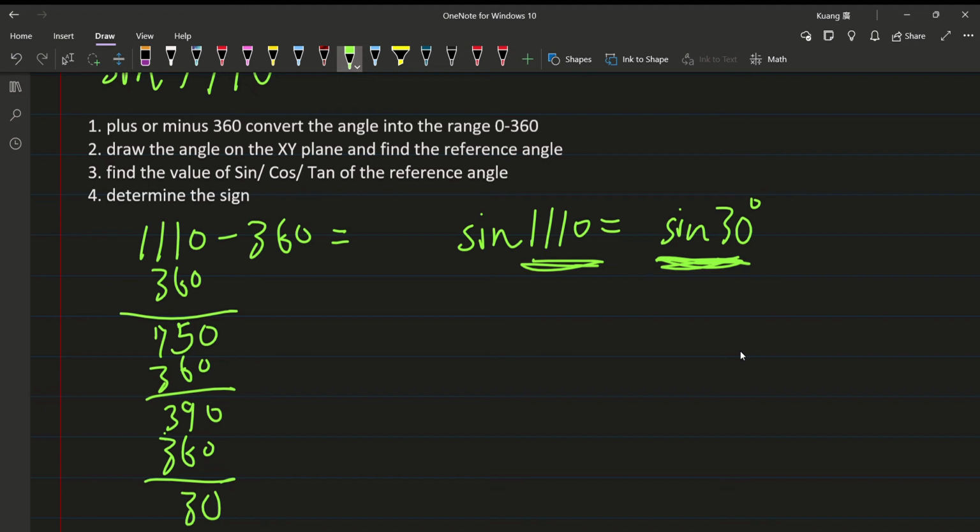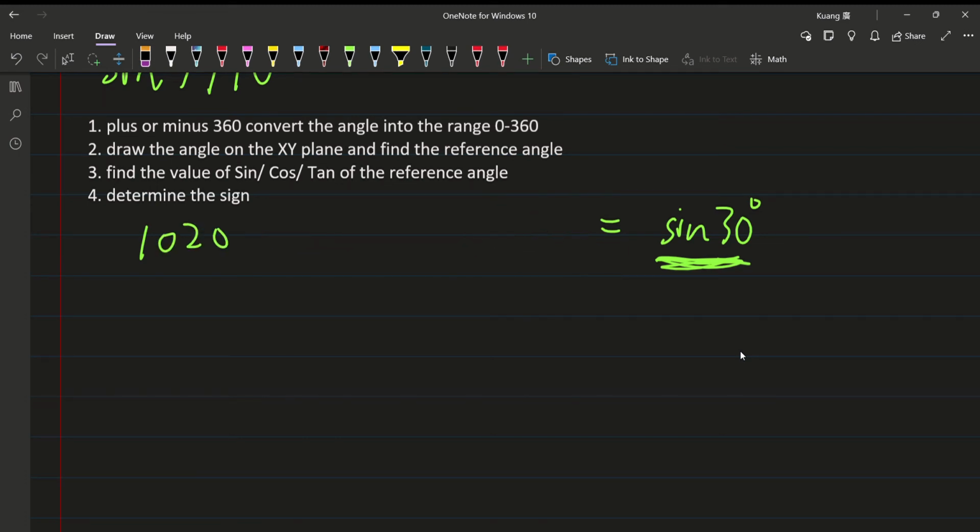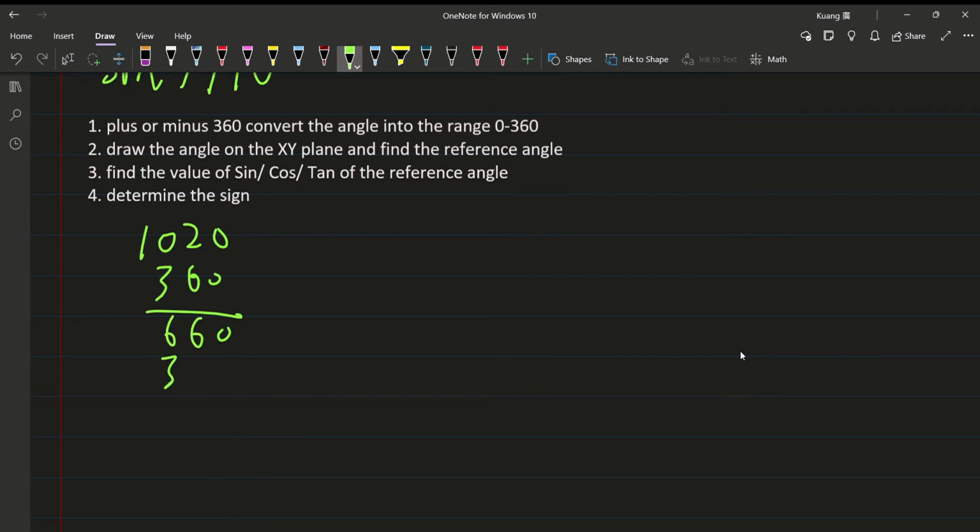Maybe I give you another example. Maybe 1020. Okay, this one is better. So you minus 360, you got 660. Okay, that's 300. So if I want to find cosine 1020 degrees, actually that equals cosine 300.